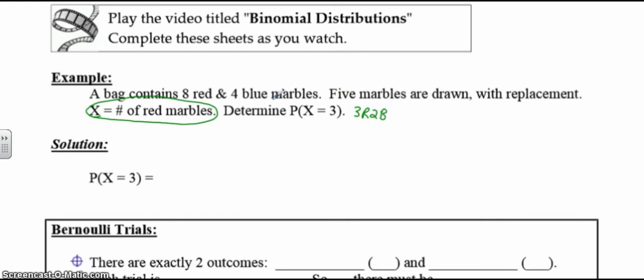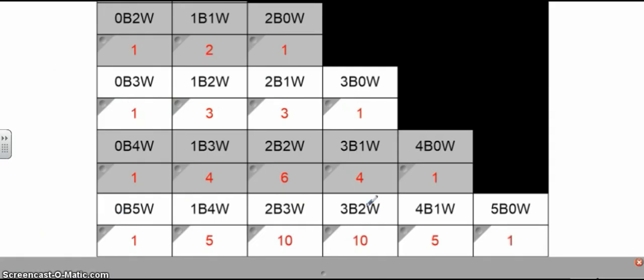So the probability of a red marble, there's 8 marbles out of 12, and we need 3 of those. The probability of a blue marble is 4 out of 12, and we need 2 of those. And then now you have to decide how many branches. So if we're looking at 3 red marbles, that's essentially the same as the 3 black socks.